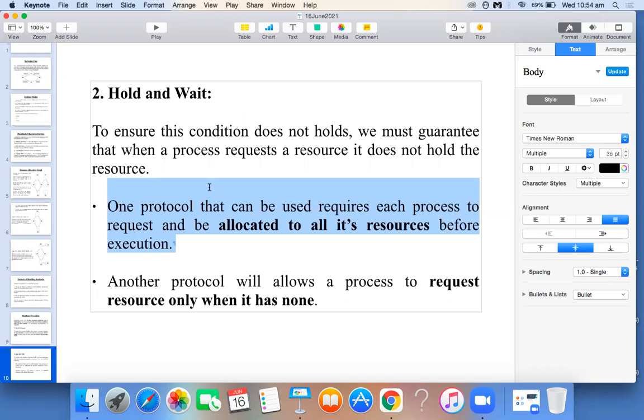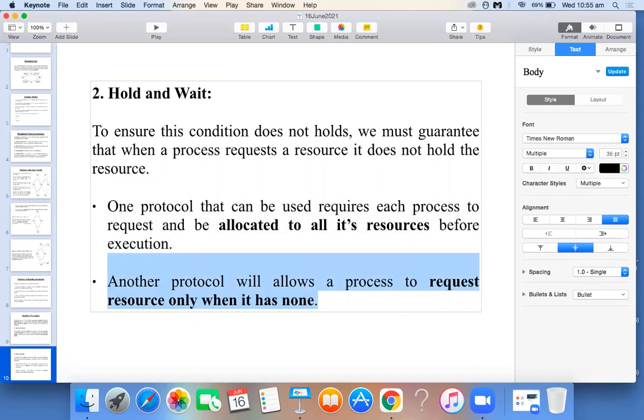Correct? What am I doing? This is one method of avoiding hold and wait. I am making all the resources be given to only one process. By that we are avoiding the holding of resources by the other processes. The other protocol is that it will allow a process to request a resource only when it is holding nothing.